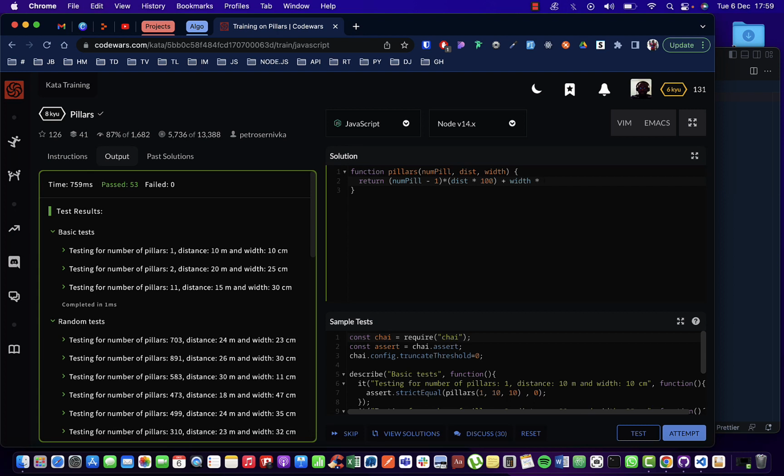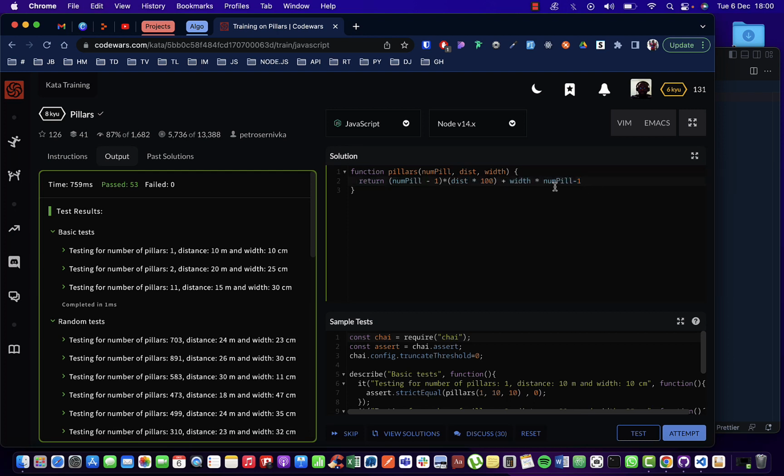For example, the width should give us 0. So what that means is num_pil, let's just take it that way, minus 1, for example, and if num_pil is 1, 1 minus 1 is 0 times width is 0, so that will work now.